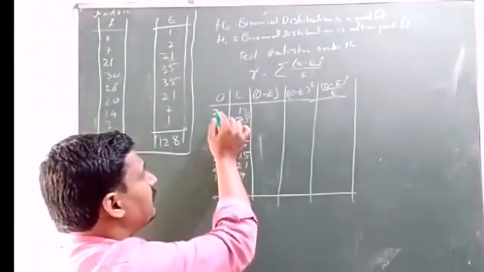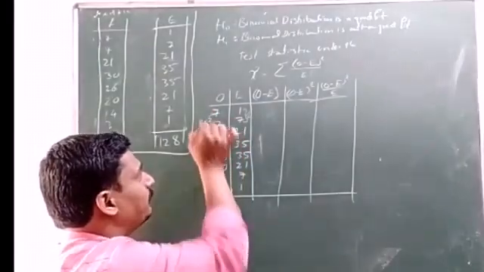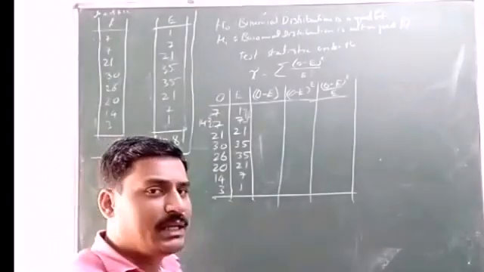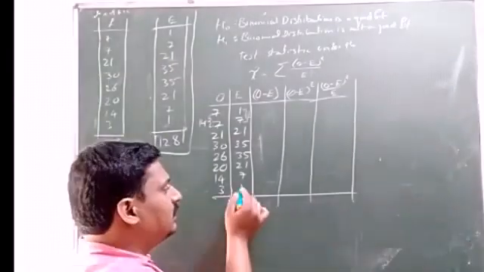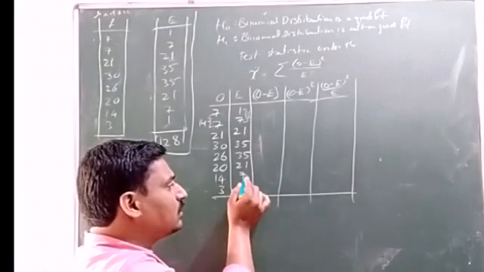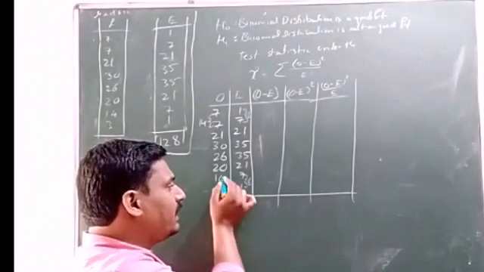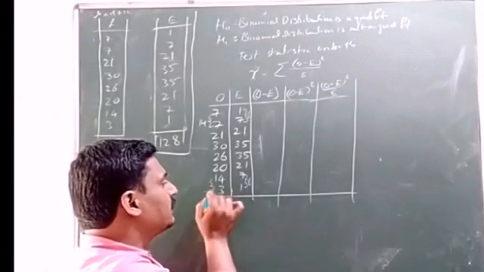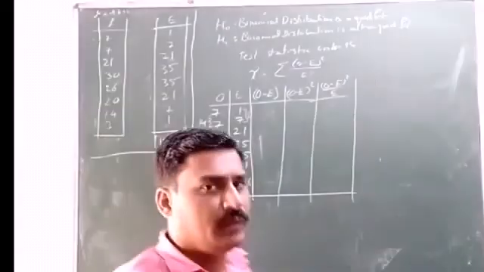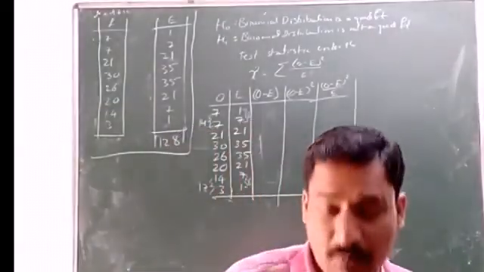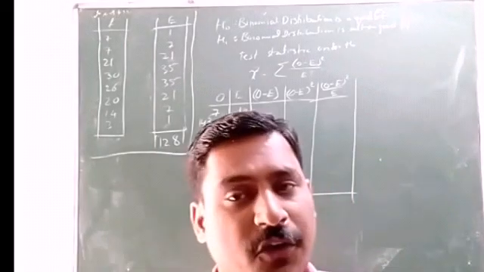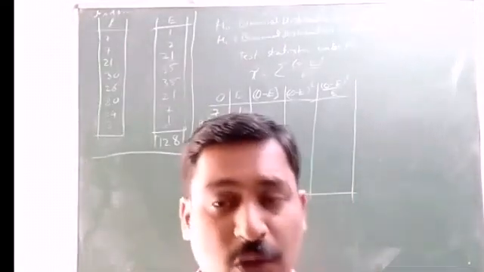So here 7 plus 7, 14. The last frequency is 1, less than 5. So merge this with the previous one. So 7 plus 1, 8, and here 14 plus 3, 17. This step is very important. Most of the time you forget it, so you will lose the marks there.